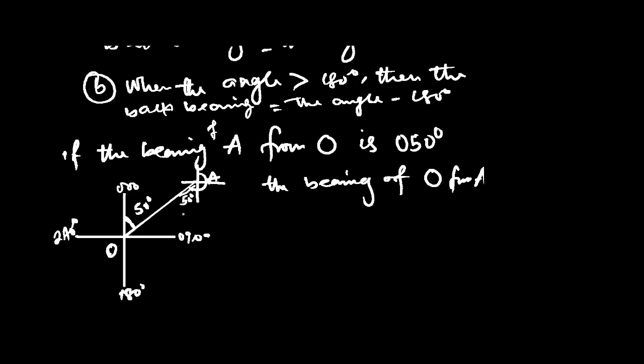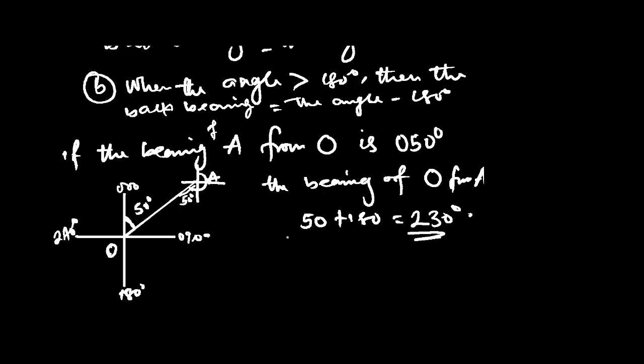That's why we said if the angle is less than 180, then the back bearing, which is the bearing of O from A, is the angle 50 plus 180, and this will give us 230. Do you understand that now? So that's what we call back bearing.